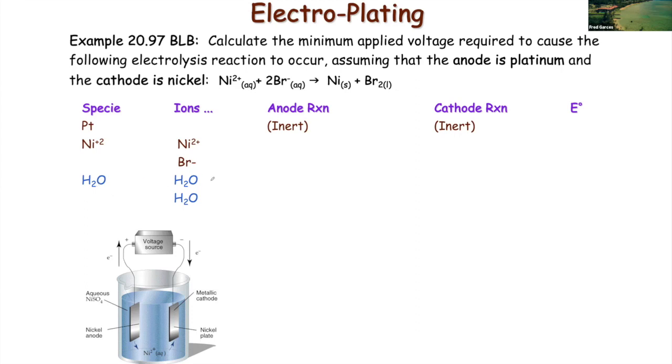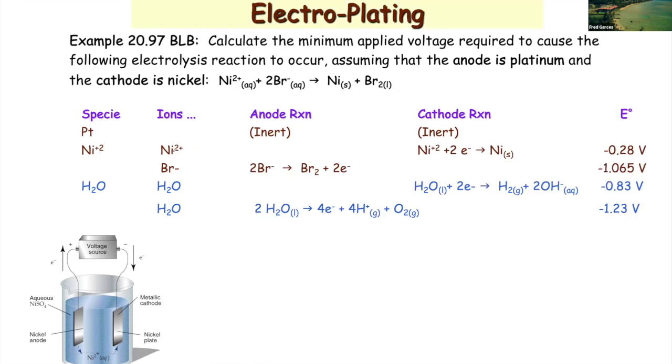And so nickel bromide will undergo reduction to 0. Bromine will undergo oxidation to Br2. Water will undergo reduction. Water will undergo oxidation. If you look up the electrochemical potential for nickel, it's minus 0.28 volts to reduce it.